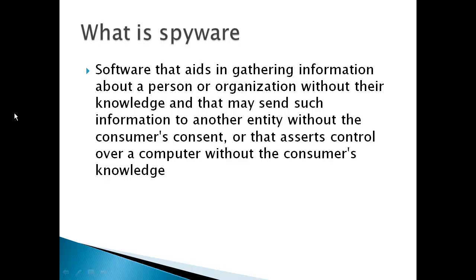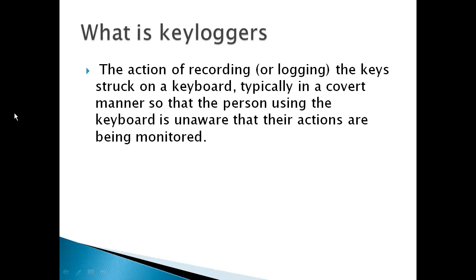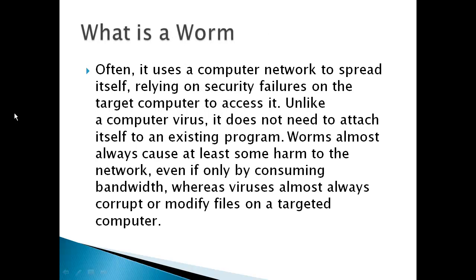Software that aids in gathering information about a person or organization without their knowledge, and that may send such information to another entity without the consumer's consent, or that asserts control over a computer without the consumer's knowledge. What is a keylogger? The action of recording or logging the keys struck on a keyboard, typically in a covert manner so that the person using the keyboard is unaware that their actions are being monitored.